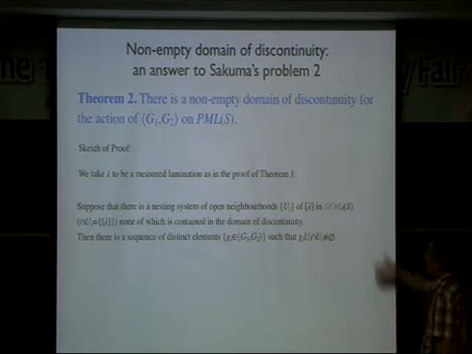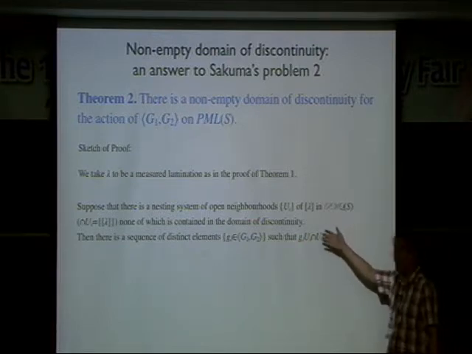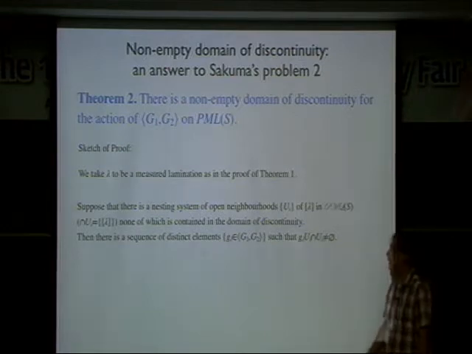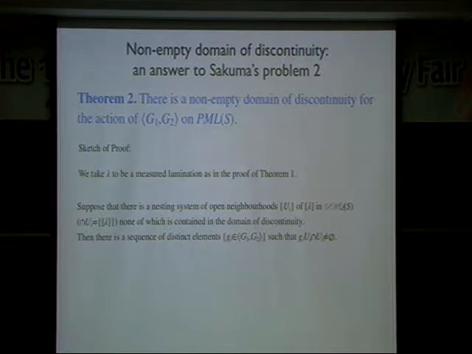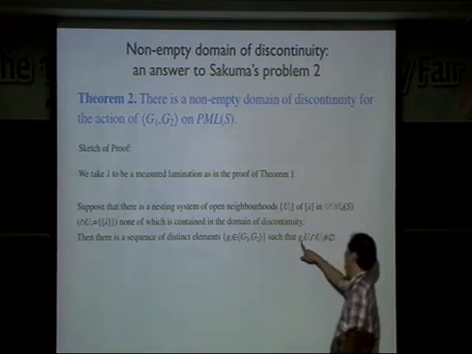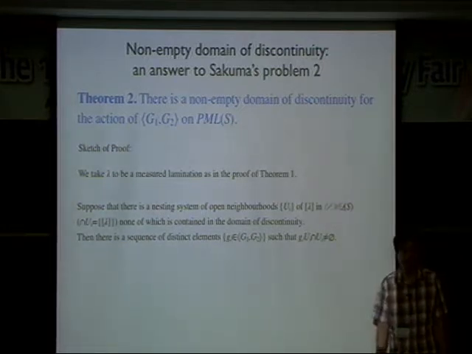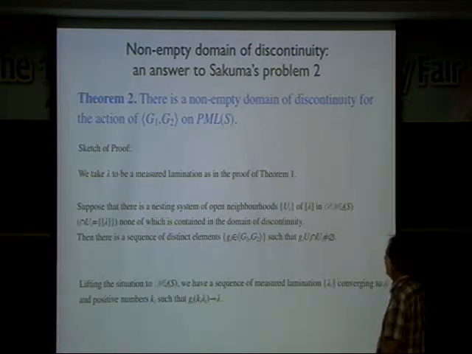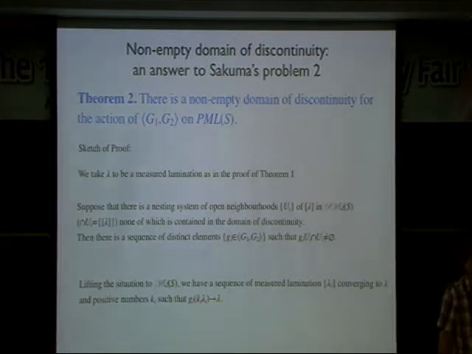So the argument is by contradiction. Suppose none of them is contained in the domain of discontinuity. Then there is a sequence of distinct elements g_i of the group generated by G1 and G2, such that g_i U_i intersects U_i non-trivially. So that is the situation in the projective measure lamination space.